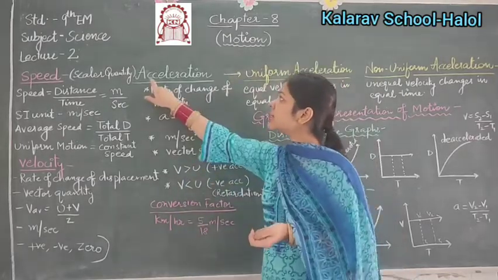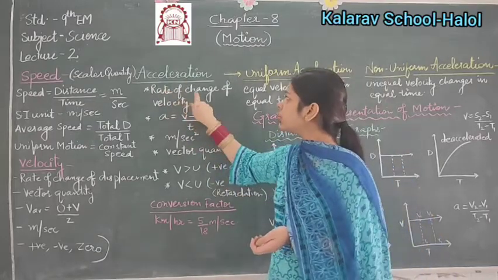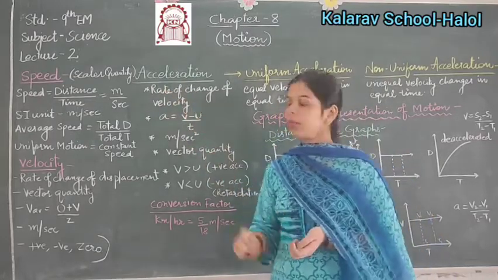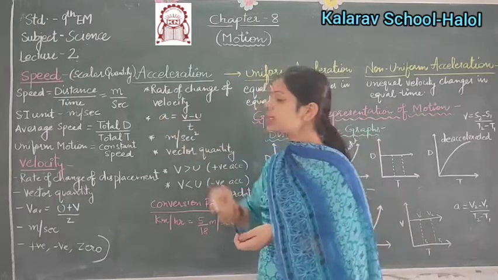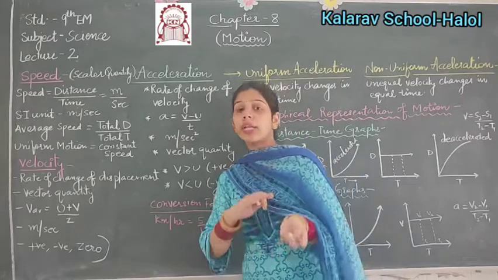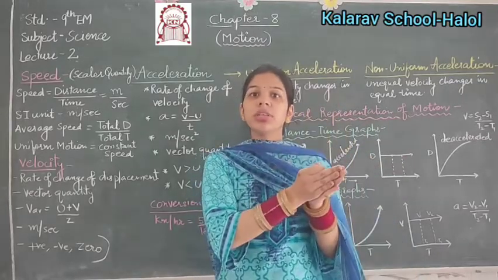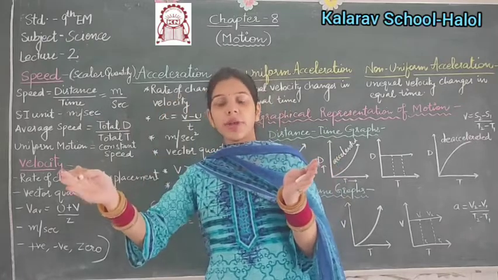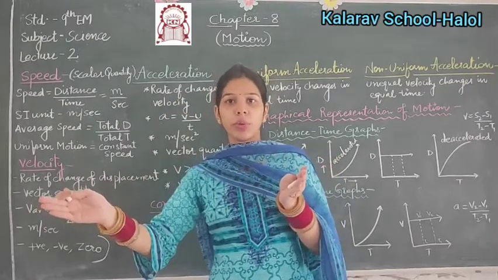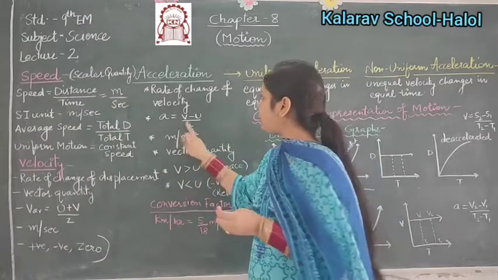The next term is acceleration. Acceleration is the rate of change of velocity, which means acceleration is the change in velocity over time. The starting velocity is different and the final velocity is different. The change is the final velocity minus the initial velocity, upon time.